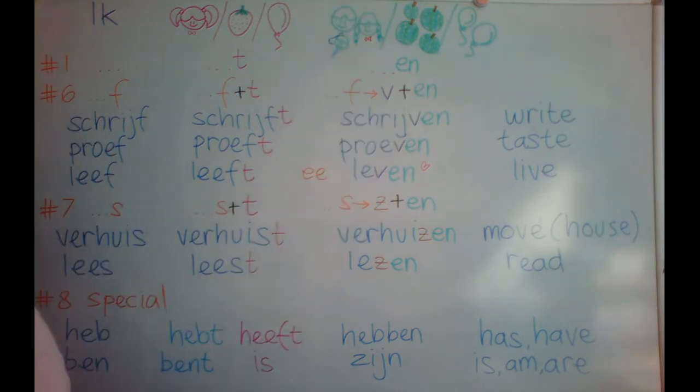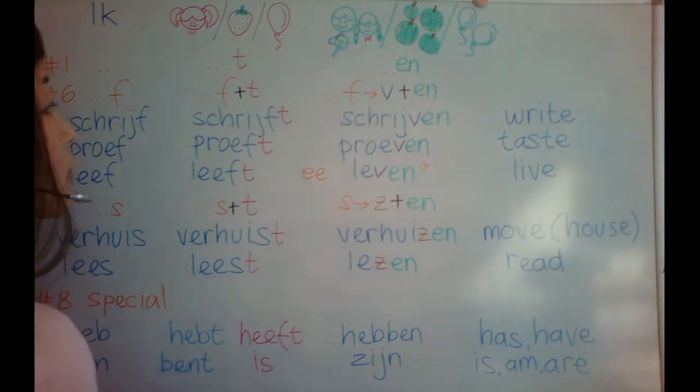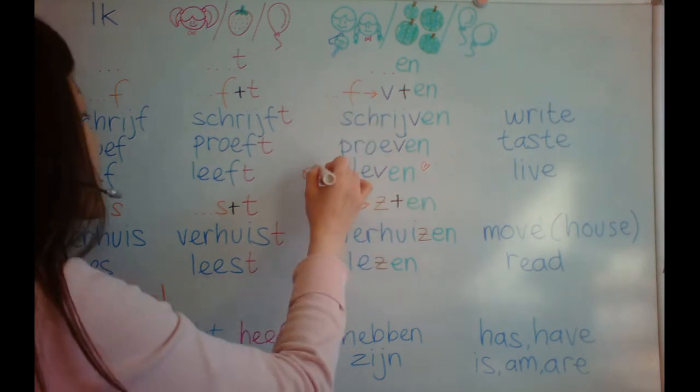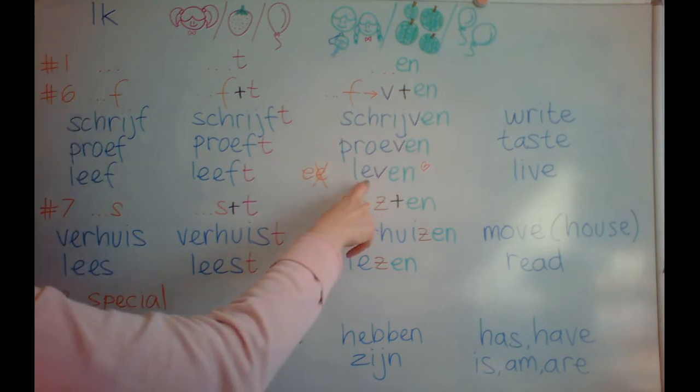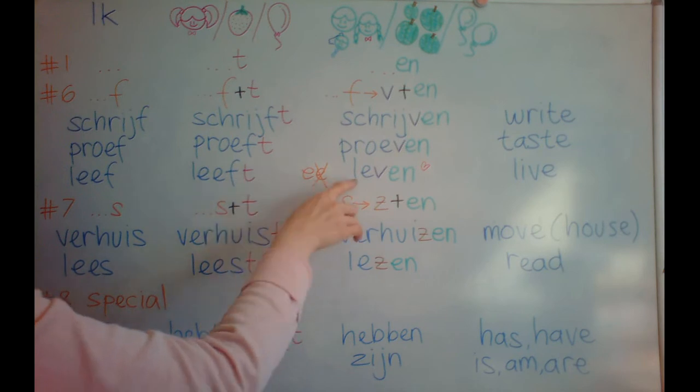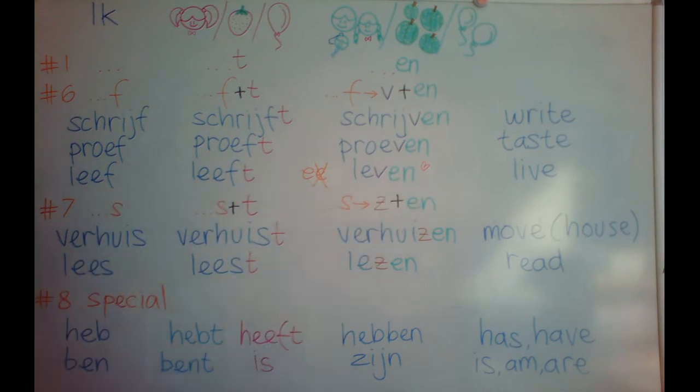When it becomes verb for subject that consists more than one or many, you have to become one vowel only here, and then the F becomes V, and then the AN.